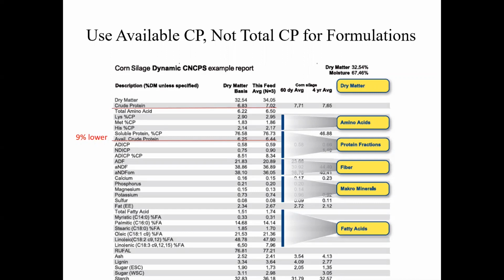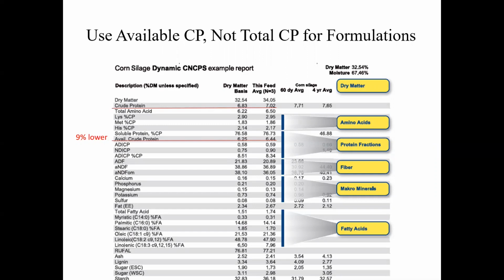But look at the next line underlined in red, available crude protein, and it was only 6.25. The amount of protein that was actually available to the animal is 9% lower than the total crude protein. Protein can be bound and unavailable to the animal. So when I am thinking of a supplementation program for cows, I always use the protein percentage shown as available protein rather than crude protein.